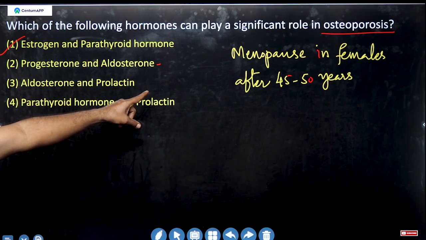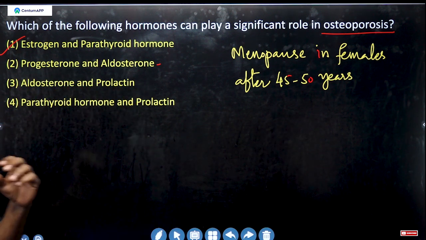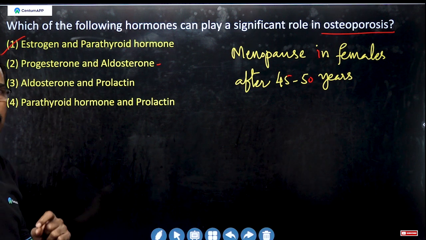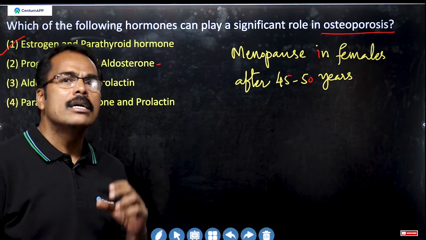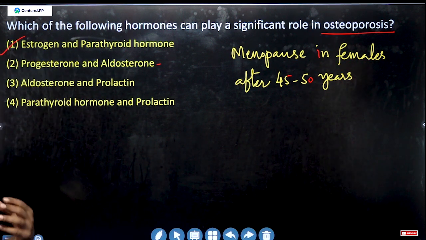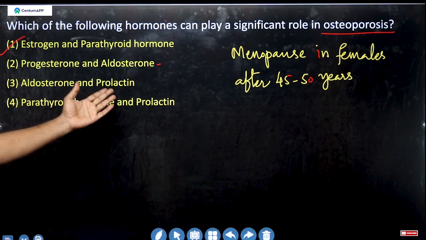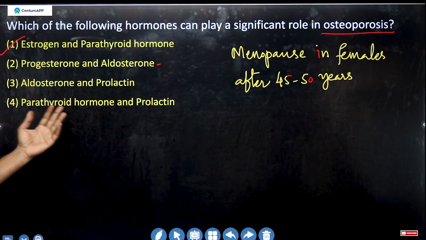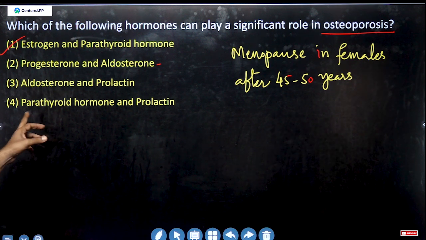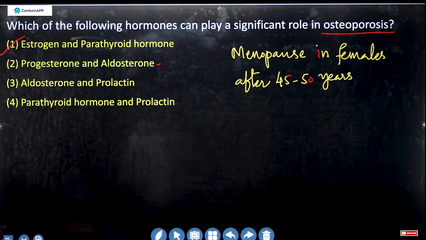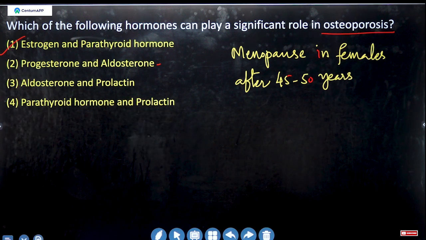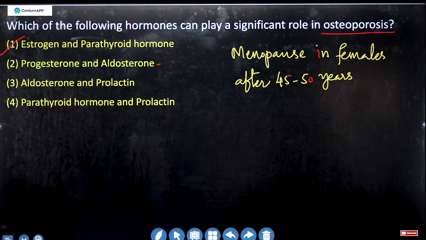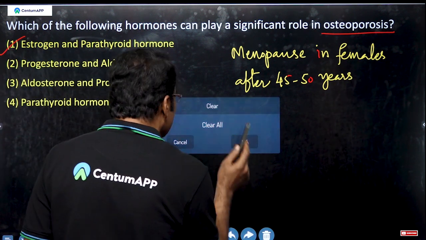Prolactin is the hormone released from the anterior pituitary gland in female adults after or during pregnancy and even after delivery also. Next, parathyroid hormone is correct, but prolactin is not correct. So, our option is the first one, estrogen and parathyroid hormone. Next question.